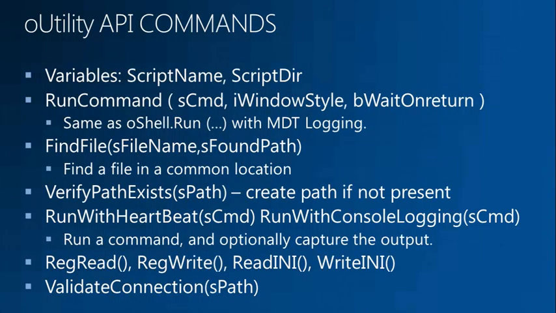We did add a new thing, for example, for MDT 2012, run with console logging. Now we can run a particular command, and if it's a console program, capture the output and return it back. For those of you who have used the monitored MDT in the past and looked at the diskpart functions, you've seen that we actually pipe commands into diskpart and echo them back out and write them in the log file.